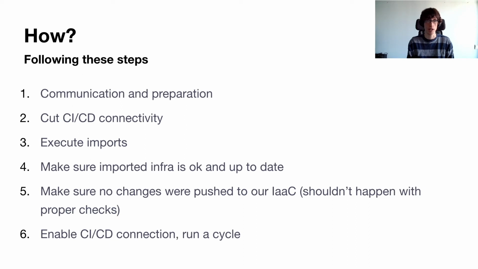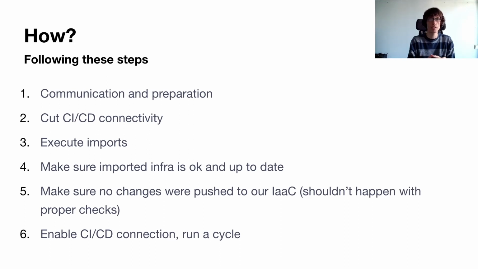Principles are the same. Second step, cut the CI/CD connectivity. So we have a CI/CD approach, and that is amazing, that is great, it's how it should be. Now, we really want to cut that, so that if somebody somehow gets past the checks that shouldn't be triggering and merges the changes into the main branch, those changes are not applied into Terraform.